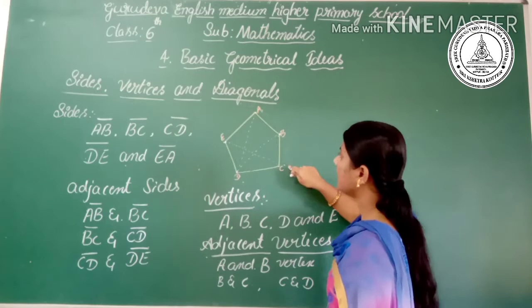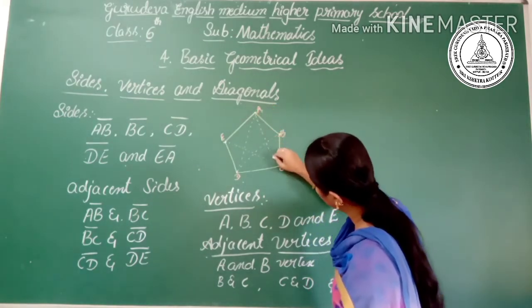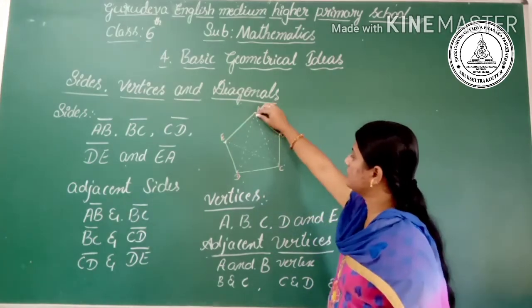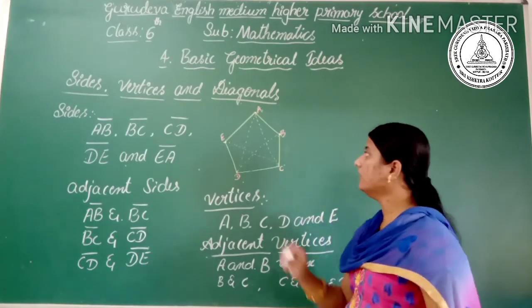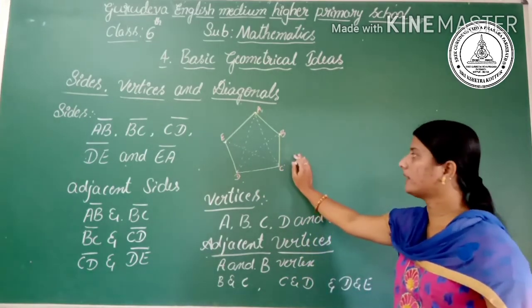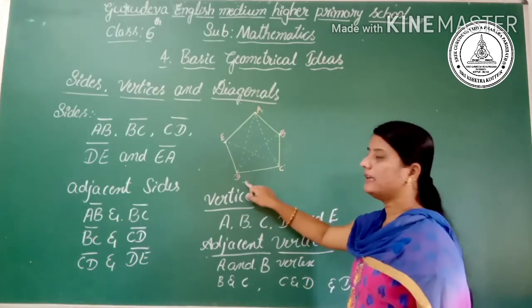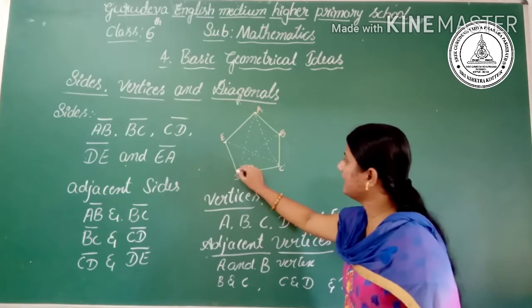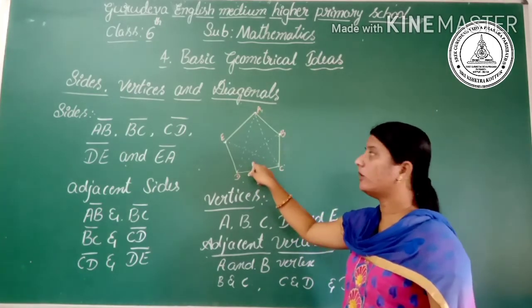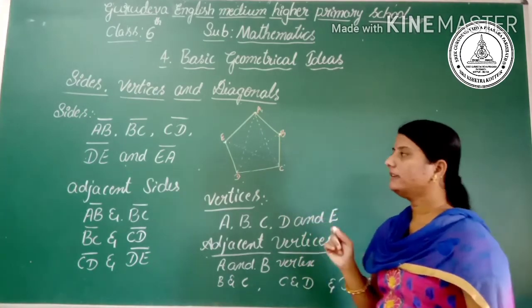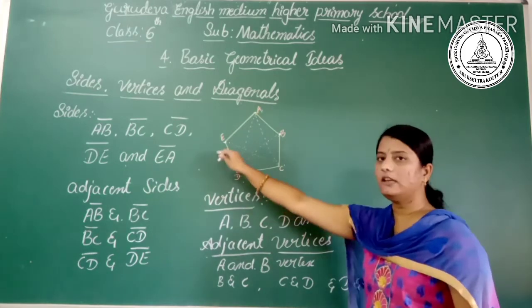Then A and C are not adjacent vertices. Then join the line. The joins of these non-adjacent vertices are called the diagonals of the given polygon. Once again, B and D are not adjacent vertices, and the line which joins B and D is a diagonal of the polygon. What are the diagonals of the polygon ABCDE?